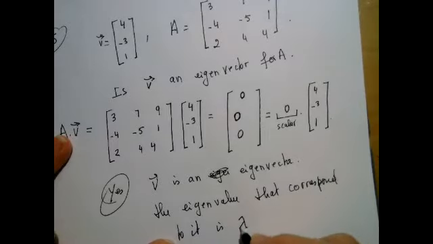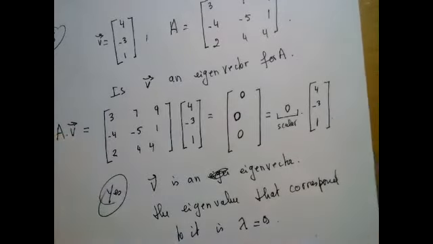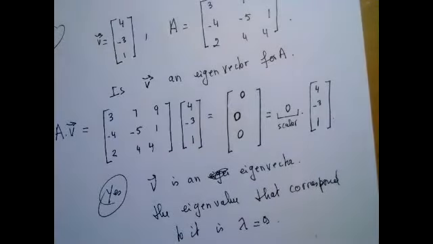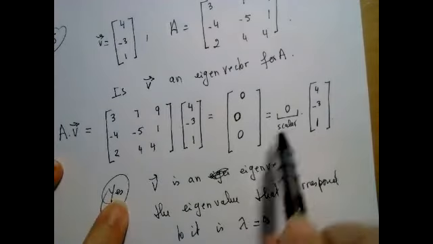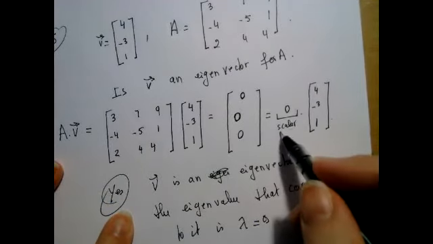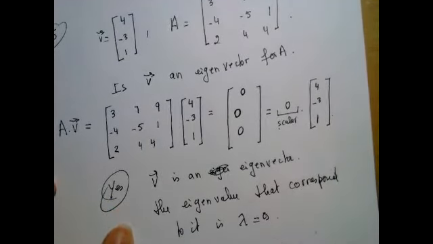In other words, the eigenvalue can be 0. It's the eigenvector that cannot be 0. So here, this is an eigenvector, absolutely, and the eigenvalue that corresponds to it is lambda equal to 0. So that's the answer.